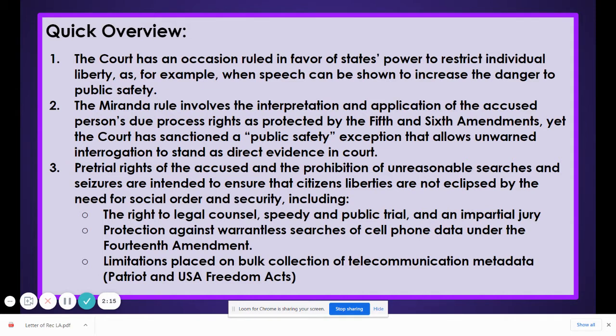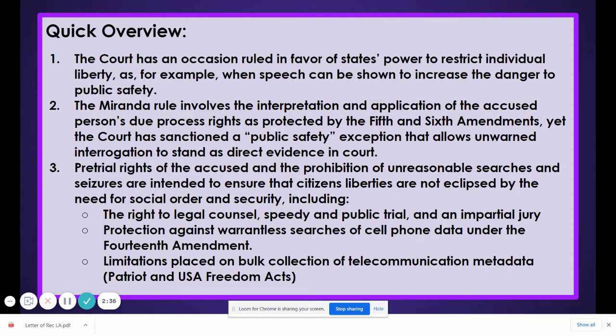We find these rights in the Fifth and Sixth Amendments, right? However, because of this idea of public safety, which we've seen before, that exception allows unwarned interrogation to stand as direct evidence in court.